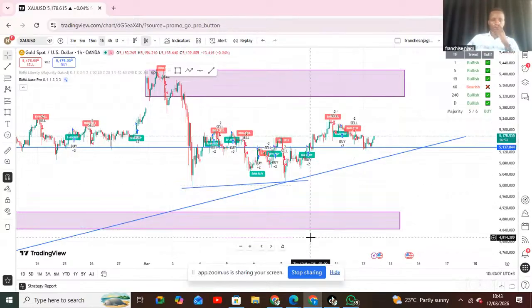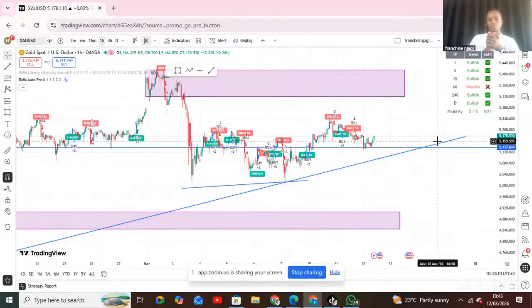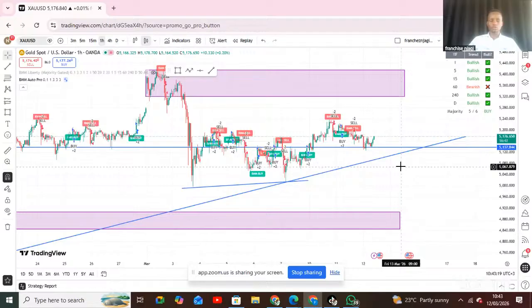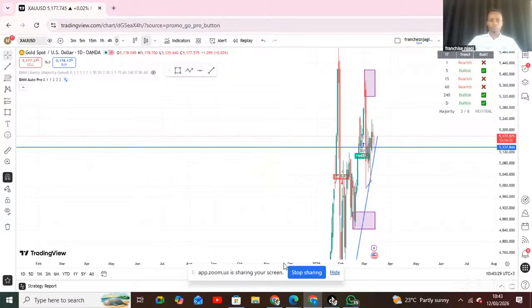So, guys, I believe gold, we are still on a bullish movement, because on higher time frame we still haven't broken this trend right now. Let me go to the daily.